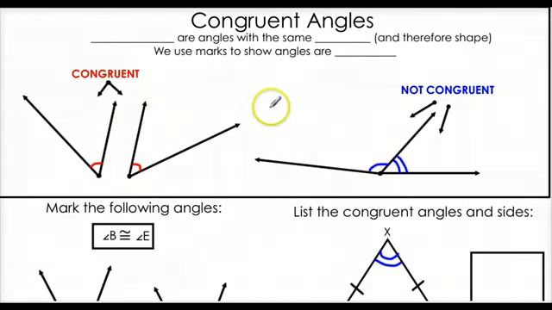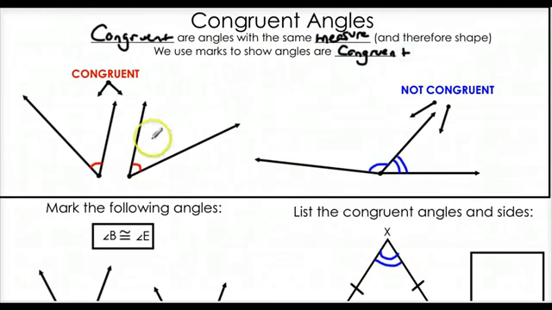All right, congruent angles. Let's do a little quick talk about that. Congruent angles are angles with the same measure, in degrees. We use marks to show angles are congruent. This is like with congruent segments, we use marks. For angles, we don't use lines, we use these arcs.